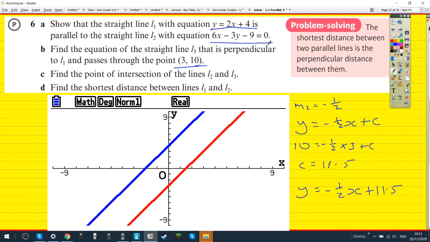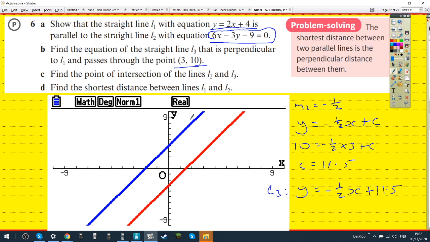Okay, so what is the point of intersection between L2 and L3, the one we just found? Would we need to make L2 y equals? No, this one is y equals, so you could put this one into that one. Oh yeah, you can.